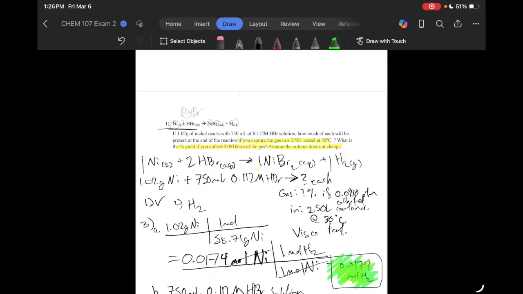Since Ni is going to run out, some HBr is going to be left over, correct? For example, if you're making a sandwich and you run out of bread, you're probably going to have some cheese, some lettuce, some ham left over. So we need to find how much of those other things are left over.